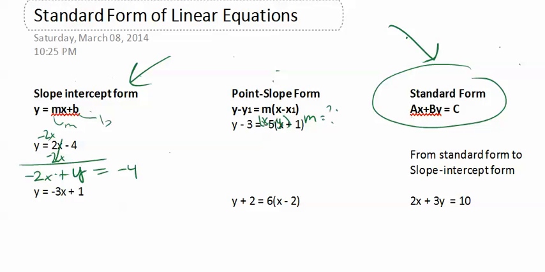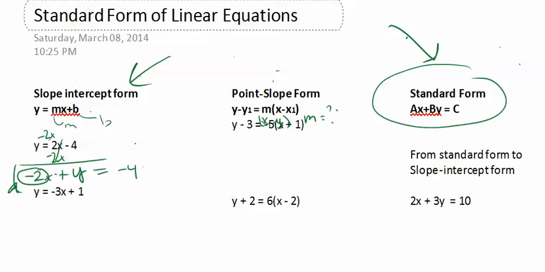Well, officially for standard form, the coefficient a, which will be this negative 2 here, it's supposed to be positive. So what I'm going to have to do is multiply this by a negative 1 in order to make it positive. But remember that if I multiply one thing by a negative 1, I have to do that to my entire equation.